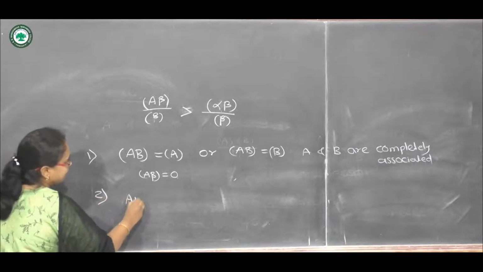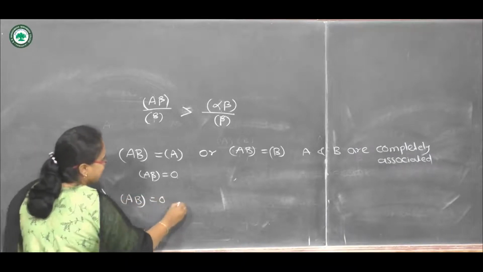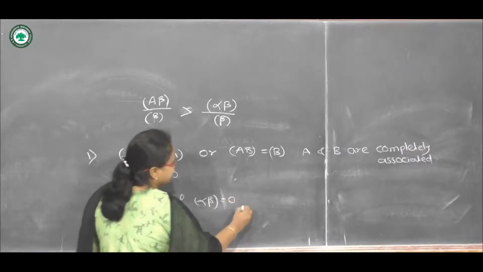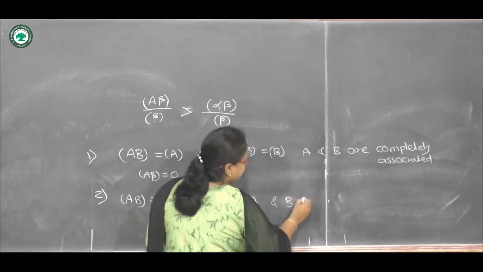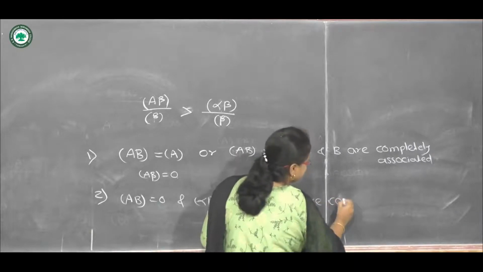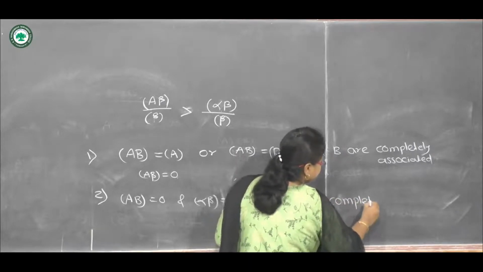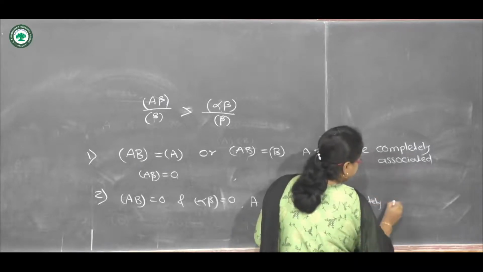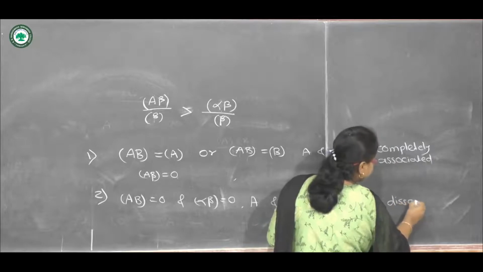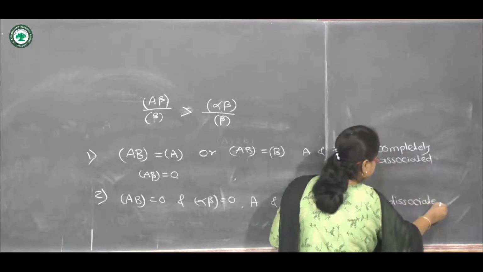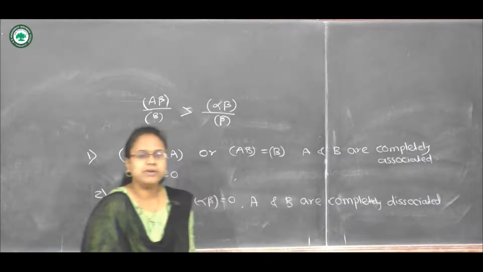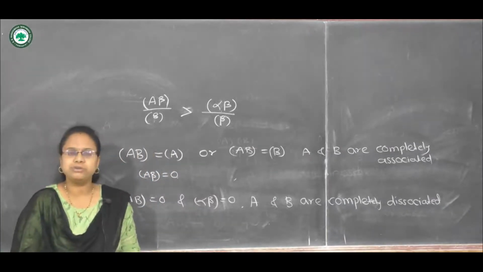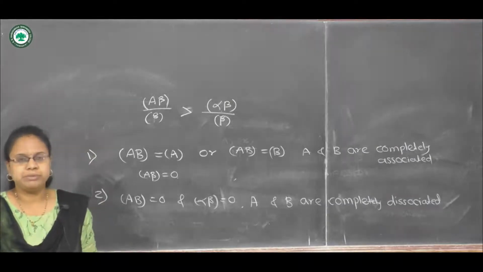And if (AB) equals 0 and (αβ) equals 0, then we say that A and B are completely dissociated. In this way we can check these conditions to check the association and dissociation between the two attributes.